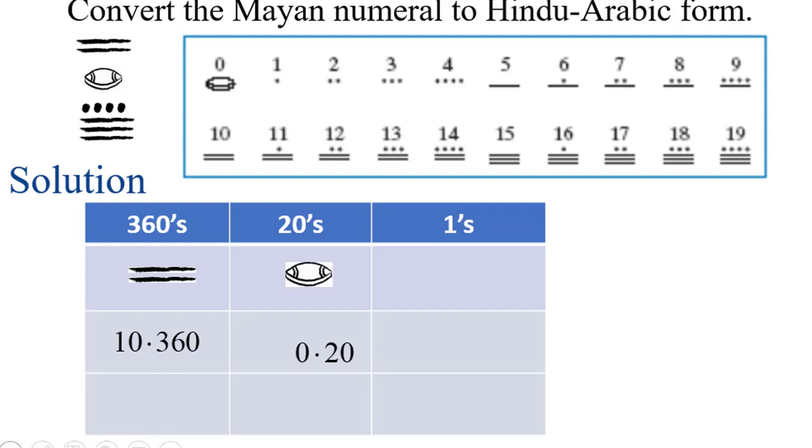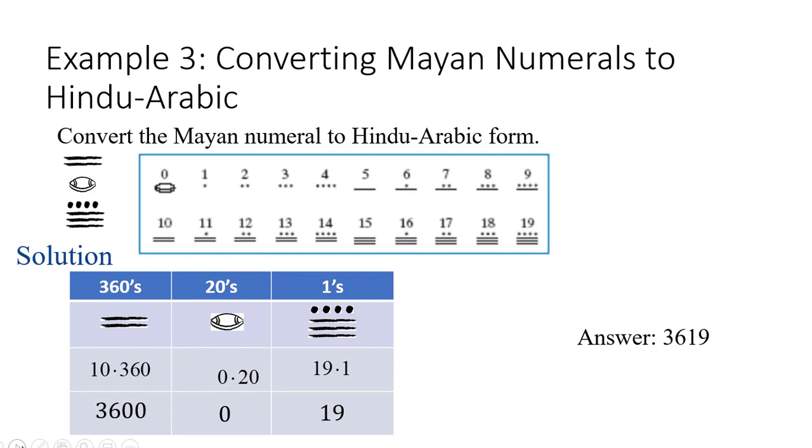So that represents 0 times 20. And then in the third position down, that is the number 19, because 3 5s is 15 plus 4 dots is 19. But that's in the ones place, 19 times 1. So we're going to have 3600 plus 0 plus 19, which is 3619.